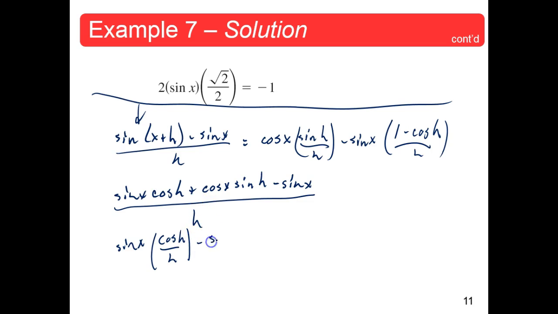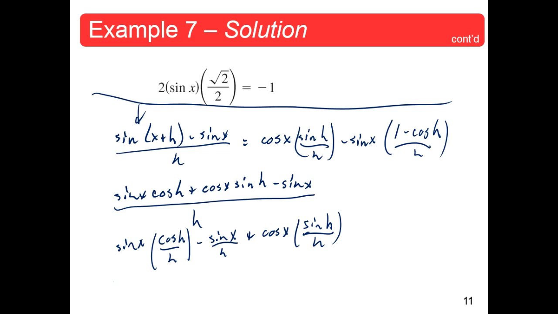Minus sine x. Okay, those two are together now. And then what you have left is plus a cosine x times sine h over h. Okay, I forgot my over h there. Right?